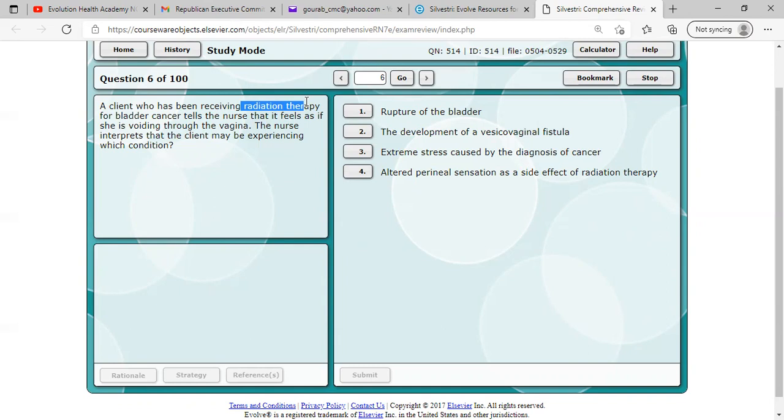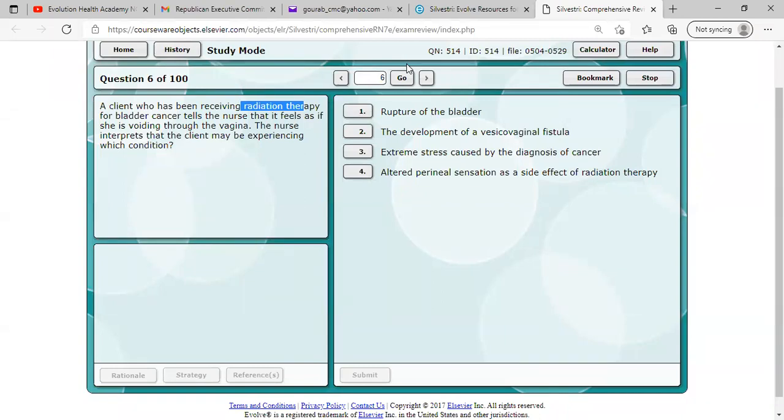And my patient has bladder cancer, right? Bladder cancer means cancer cells arising from the tissue of the urinary bladder.